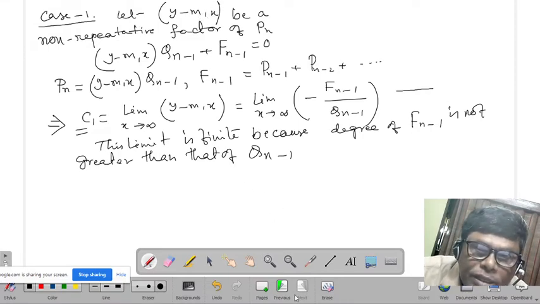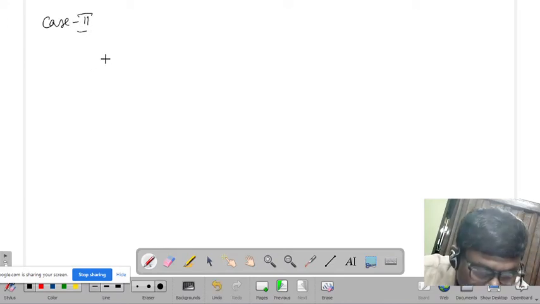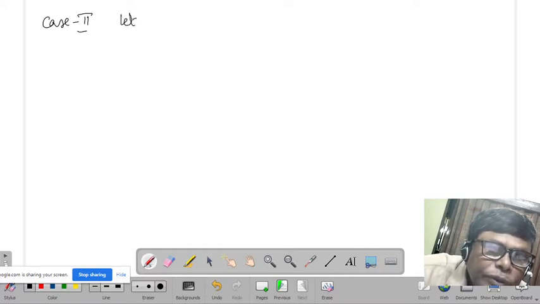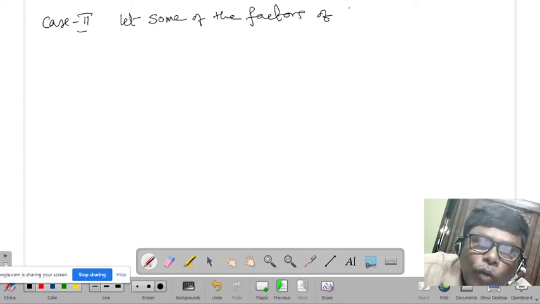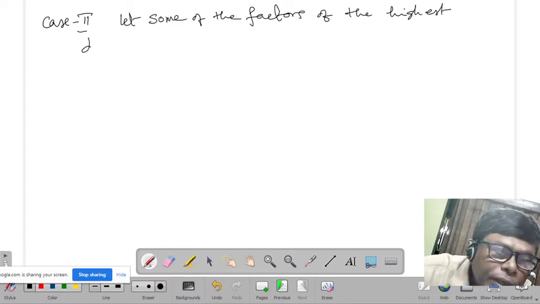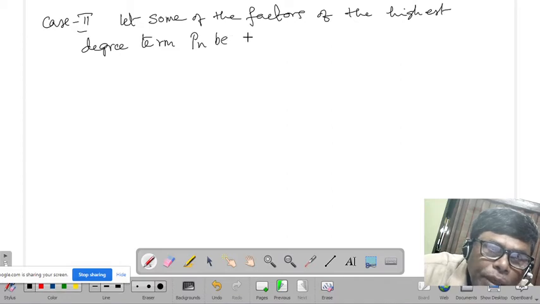Next thing is case 2. Case 2: let some of the factors of the highest degree term Pn be repeated.